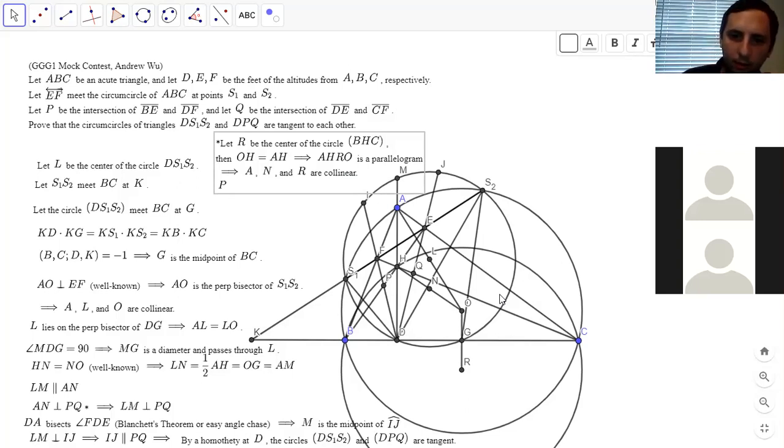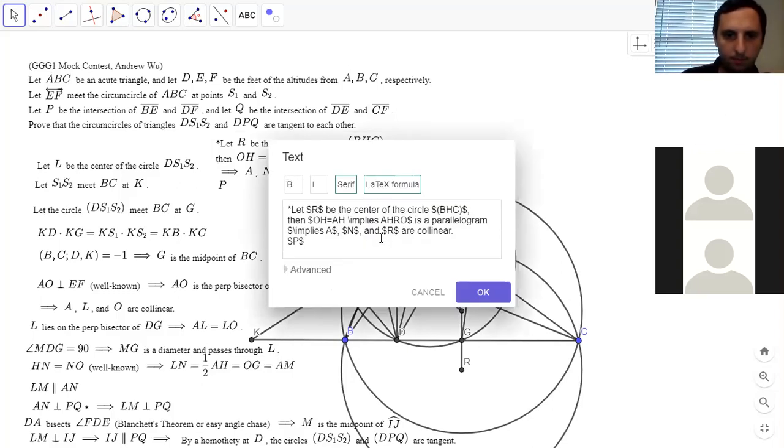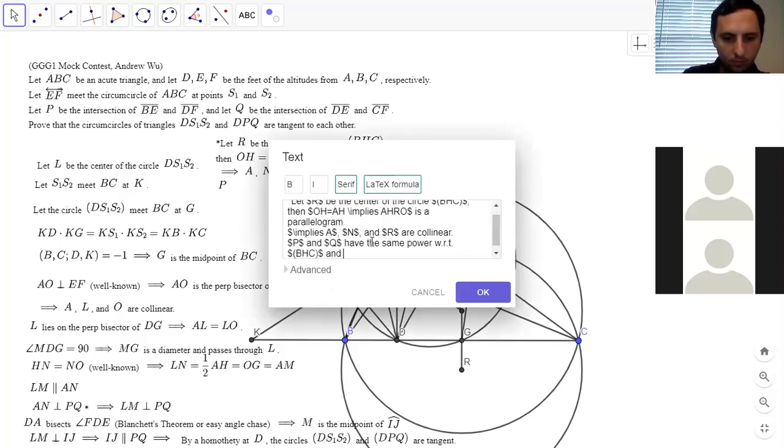So that means that PQ is perpendicular to AN.